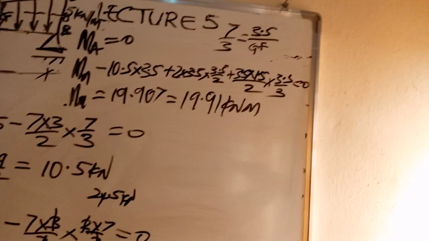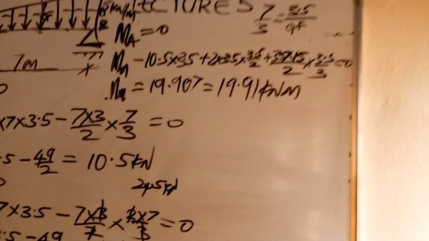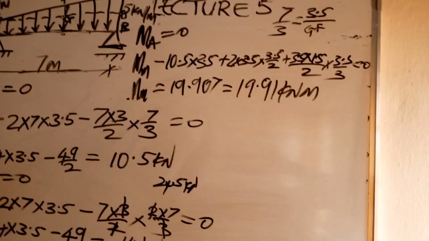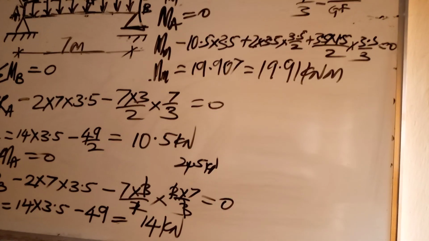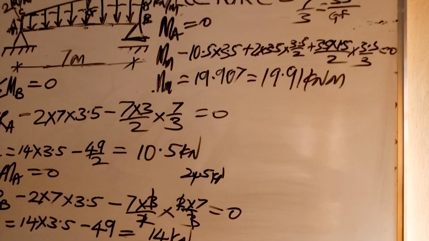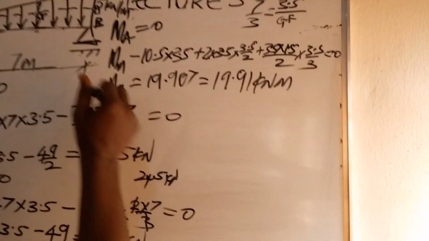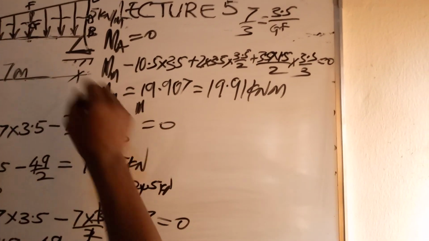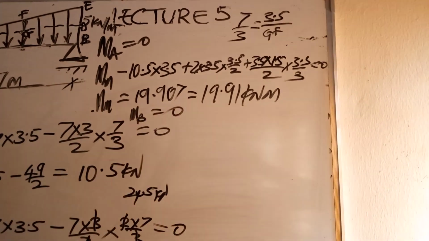That is the moment at the middle. So I can get the moment at the end. The moment at B will give me 0.